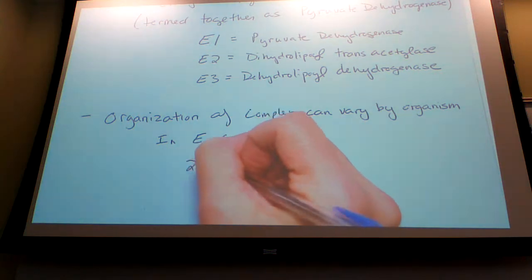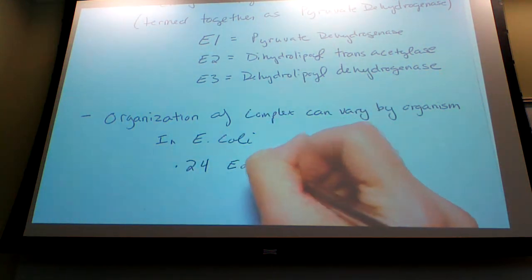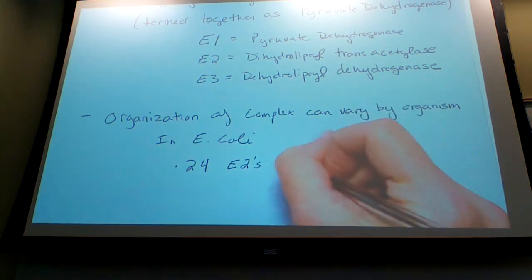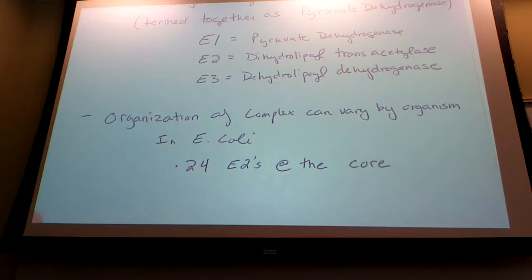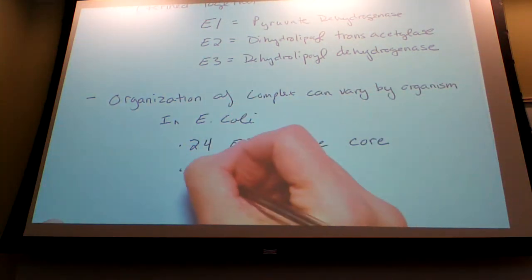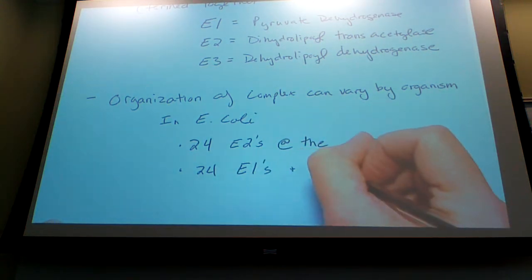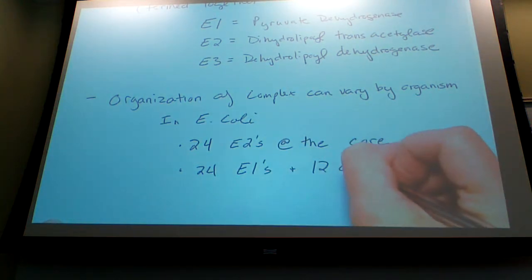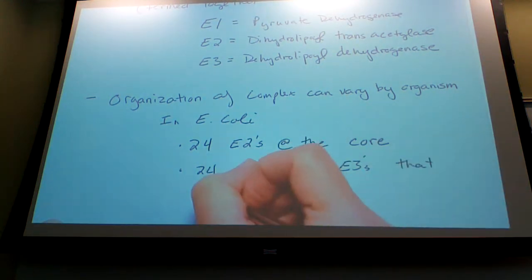And in that you have 24 E2s at the core. And then you have 24 E1s and 12 E3s that surround the core.